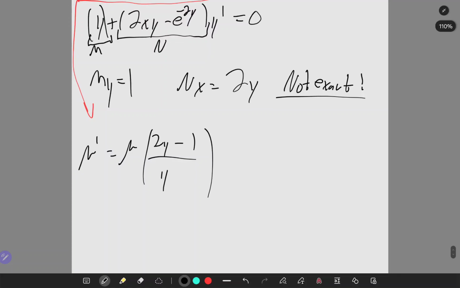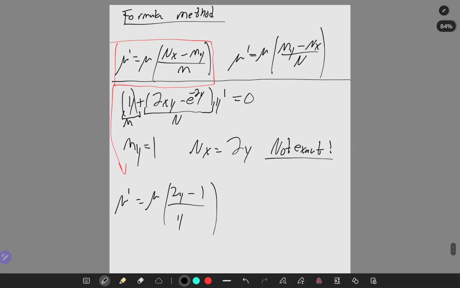Okay, so now that we have this, let's look at the other one. Let's see why the other one doesn't work. Well, we'll have 1 minus 2y over 2xy minus... see that 2xy right there? That messes it up. You should easily be able to look at this equation and tell which one we need to divide by.